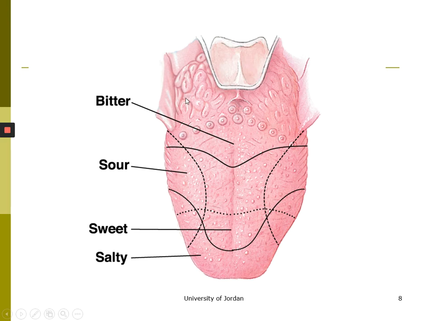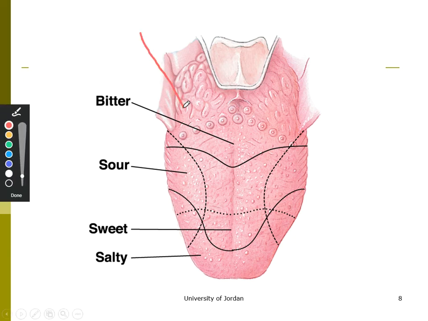This is the dorsal third of the tongue here, the posterior third of the tongue, and it is derived from a different area than the anterior 2/3 of the tongue. When you come to the embryology, both the anterior and posterior parts of the tongue are derived from different areas, but when the embryo grows, they come together.